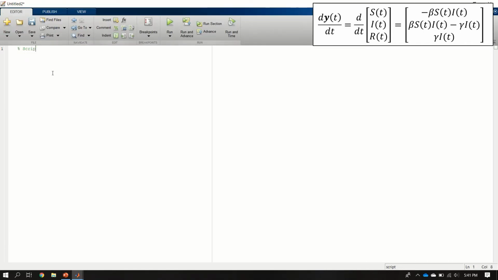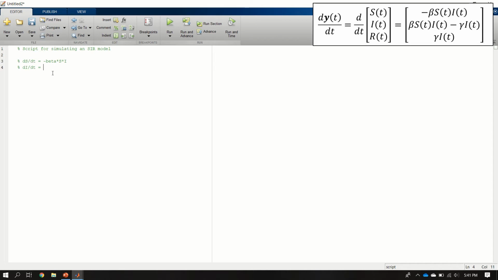So this is a script for simulating an SIR model as a demonstration for this course. Okay, let's take a look at what this SIR model is. Let's briefly recall we have three equations. We have S for the susceptibles, and the evolution equation for S is minus this parameter beta times S times I. So that's kind of an infection from susceptible people to infected people.